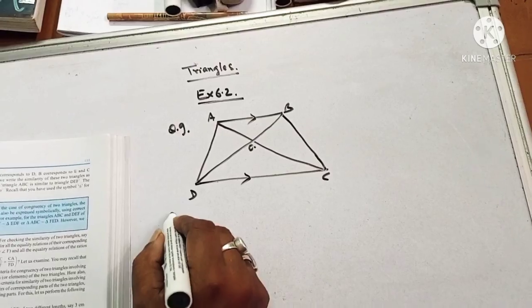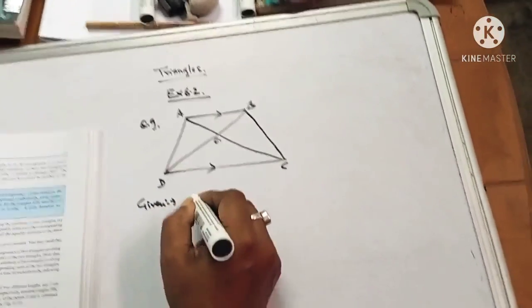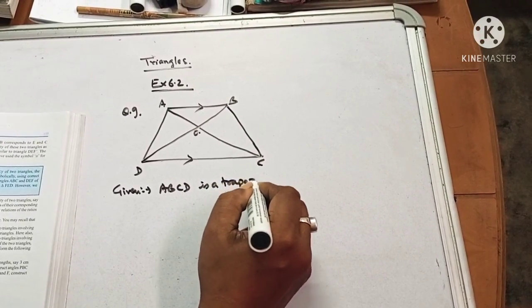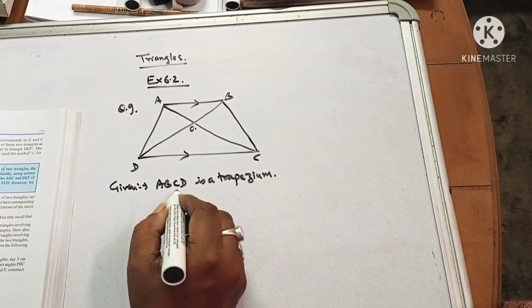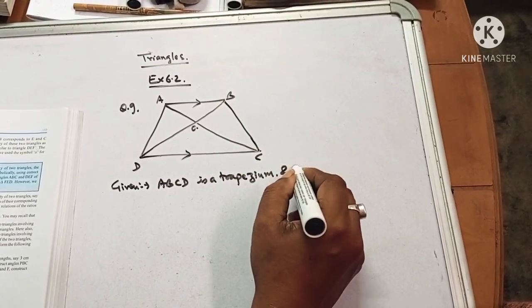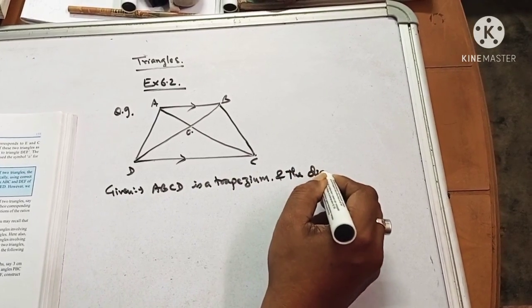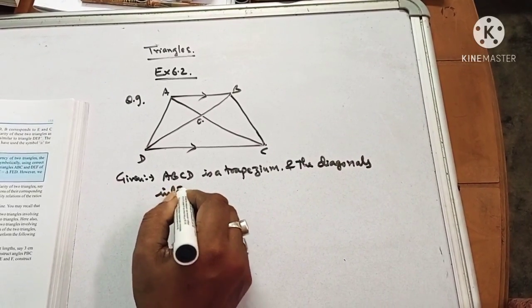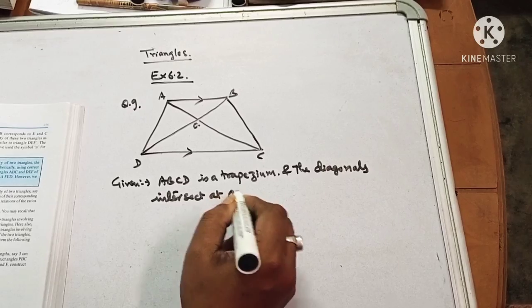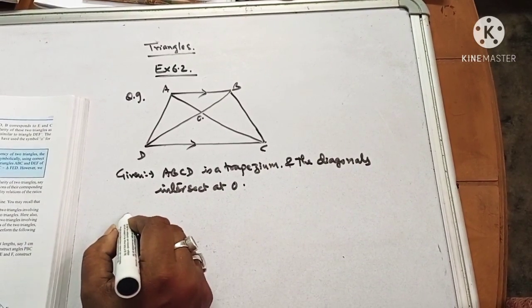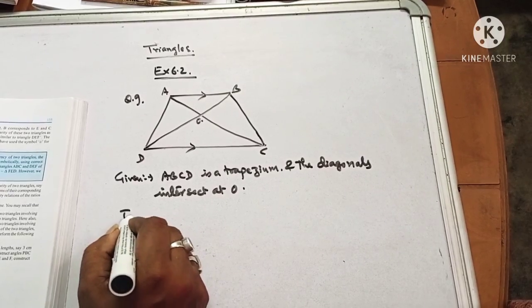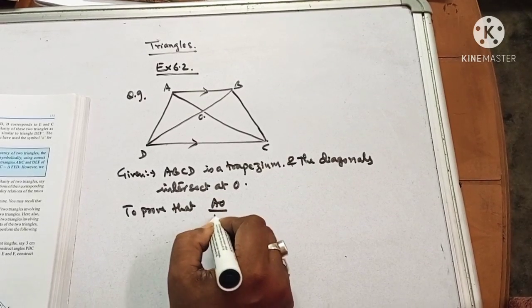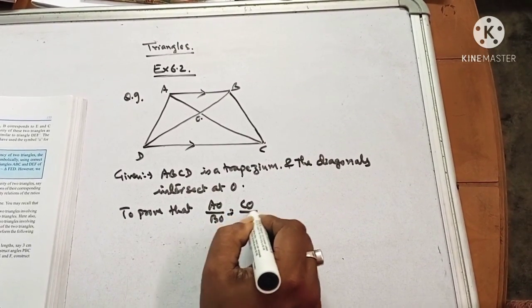It is given that ABCD is a trapezium and the diagonals intersect at O. To prove that, we have to prove that AO by BO is equal to CO by DO.